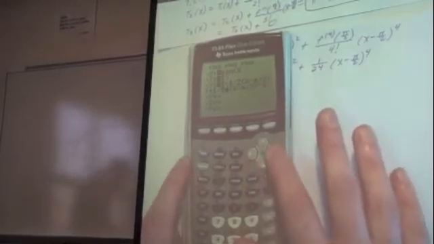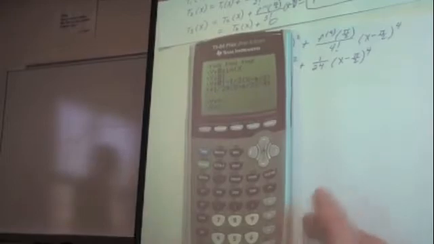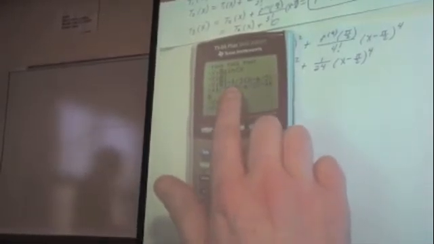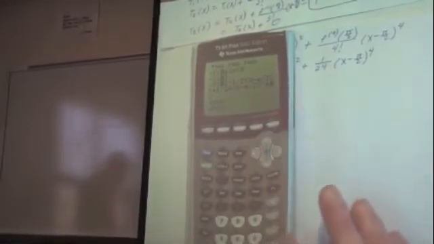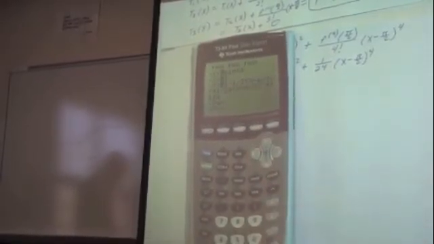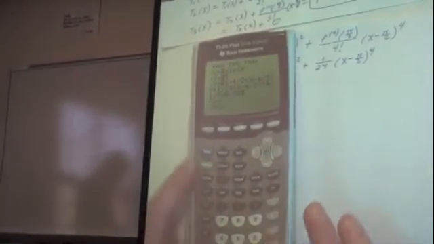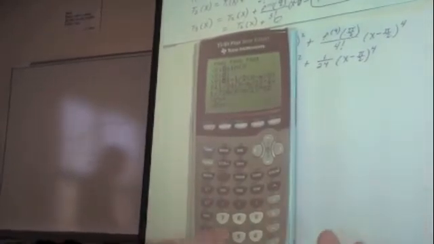So the 6th Taylor polynomial would be plus, it'd be minus, wouldn't it? Because it would be the negative of the sine. So I'd say minus 1 over 720 times the group x minus pi over 2 raised to the 6th.